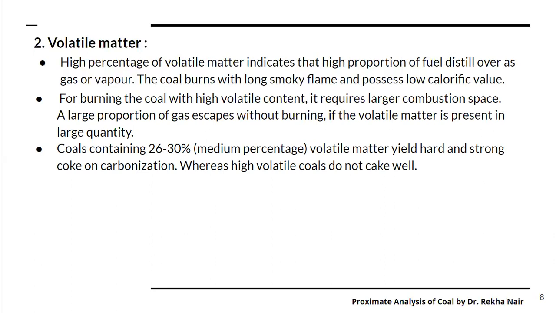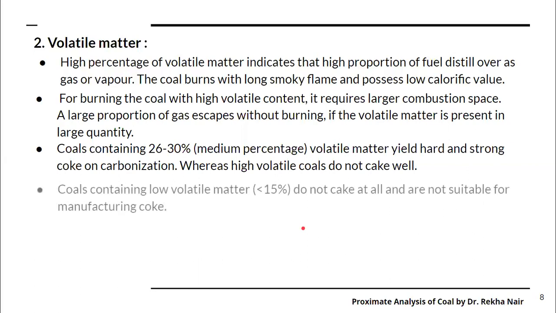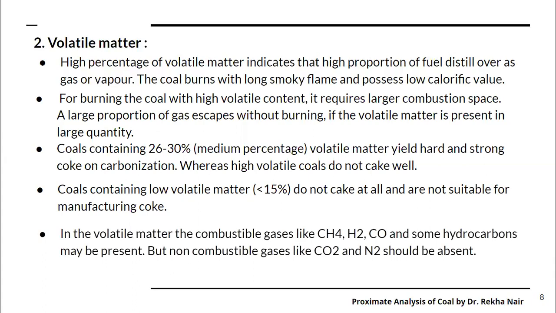Coals containing 26 to 30% volatile matter will yield hard and strong coke on carbonization, whereas high volatile coals do not cake well. But coals containing low volatile matter, less than 15%, do not cake at all and are not at all suitable for the manufacturing of coke.